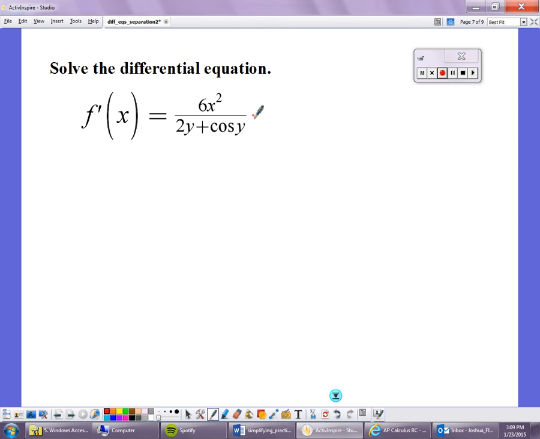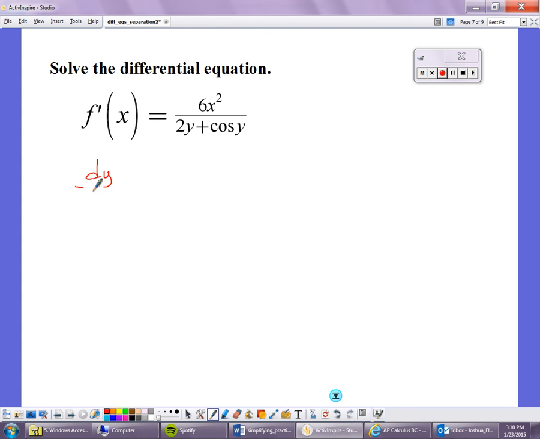I've got this function on top, which would be my g of x, and I've got another function over here, 1 over 2y plus cosine y, which is my f of y function, and this just becomes g of x times f of y. That's kind of unnecessary, just to check, but let's try it out.